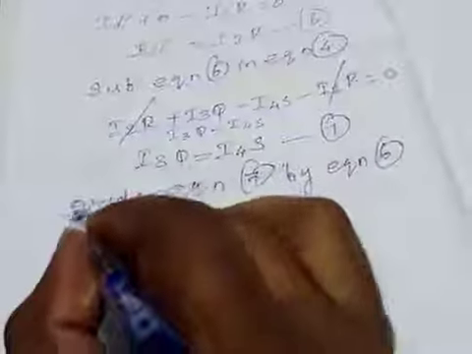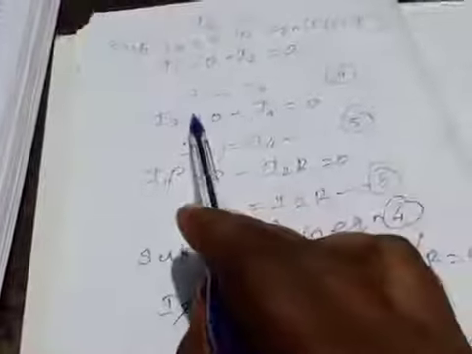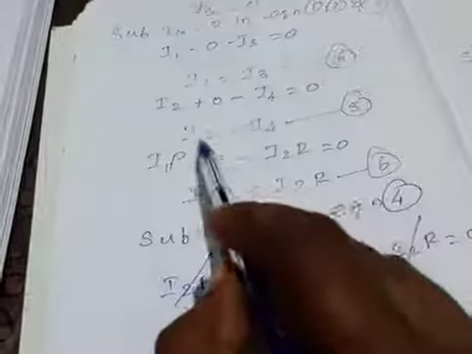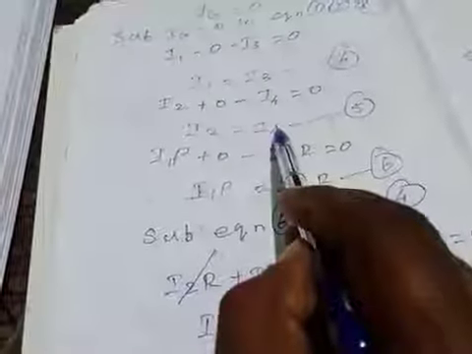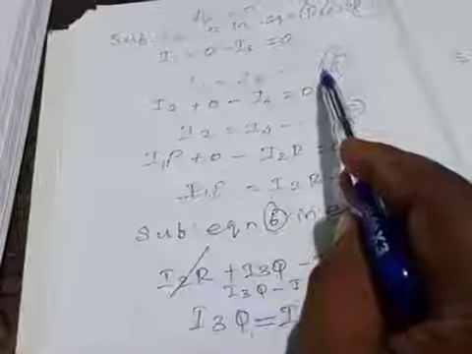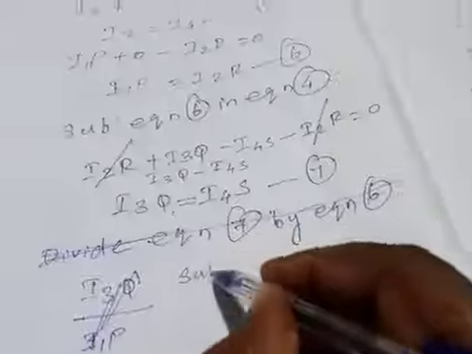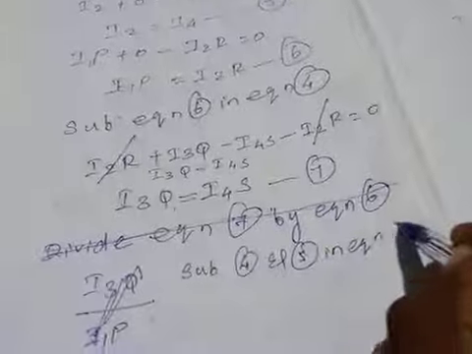Before dividing, one more step is there. So what is the step means? I1 is equal to I3, I2 is equal to I4. So here I1P, here I2R. Now what you have to do means you have to substitute 4 and 5 in equation 6.